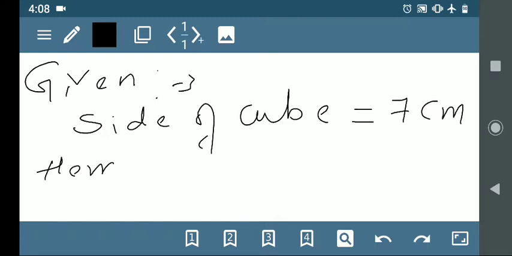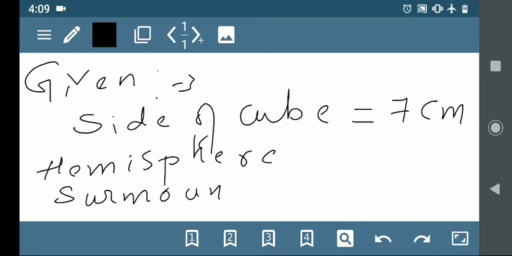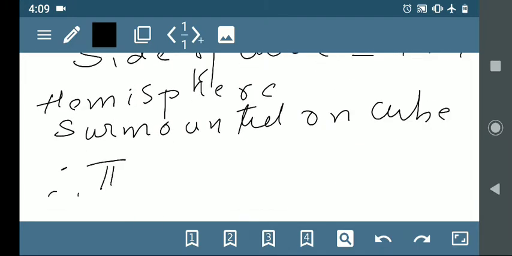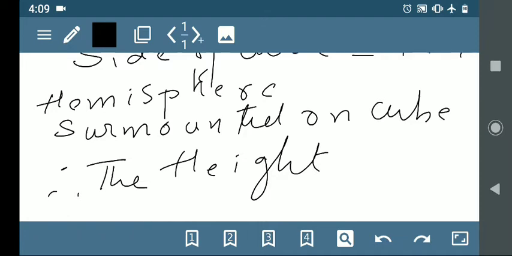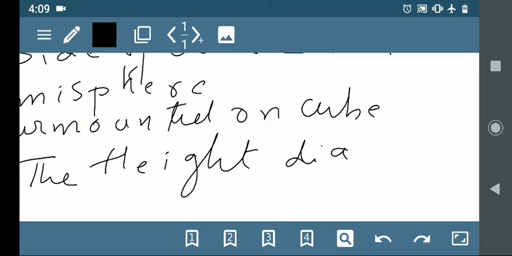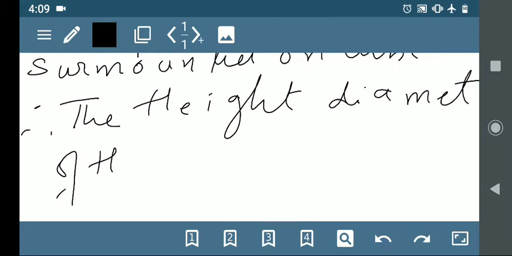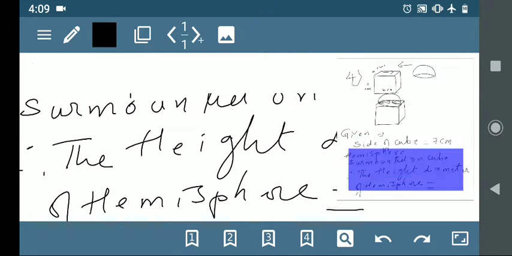Hemisphere is surmounted on cube. Therefore, the highest diameter of hemisphere is equals to how much?